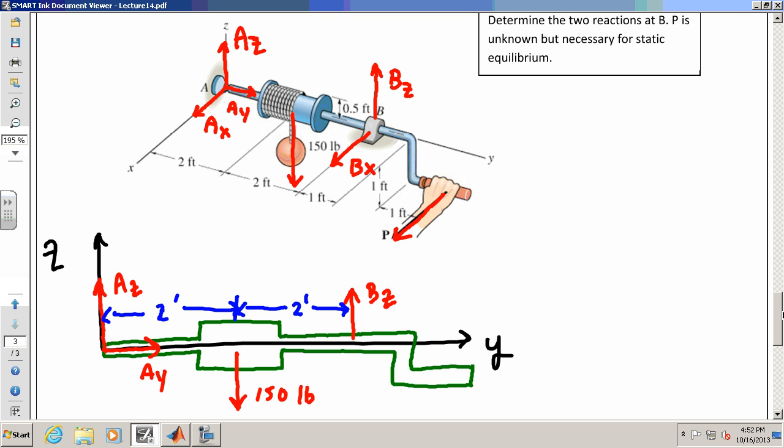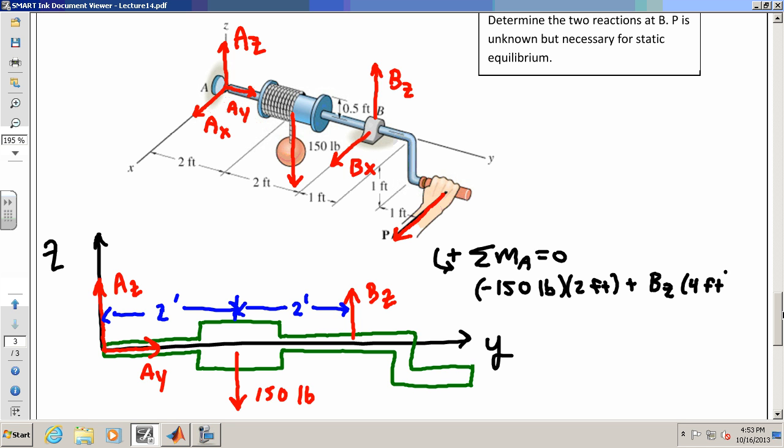Sum the moments about A equals 0, counterclockwise positive: minus 150 pounds times 2 feet plus BZ times 4 feet equals 0. BZ is equal to 75 pounds. So very quickly, I have been able to identify one of the reaction forces.